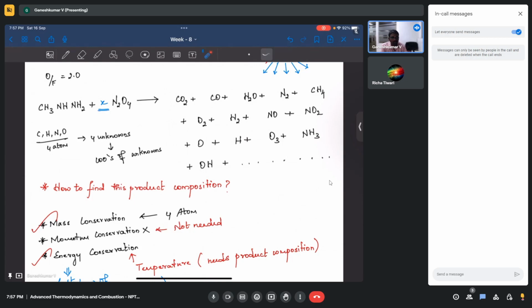So you will have a number of Gibbs free energy equations for each of the equilibrium reactions, right? The dissociation and recombination reactions are equilibrium reactions. H2O can go to H and OH, and H and OH can come back to H2. That is the idea behind this.